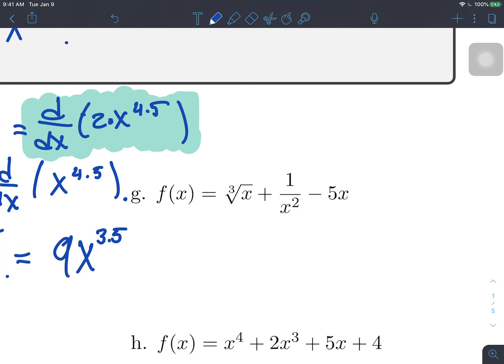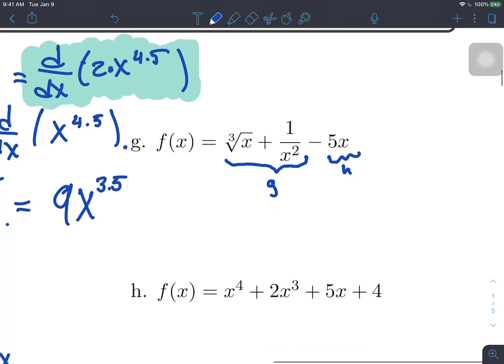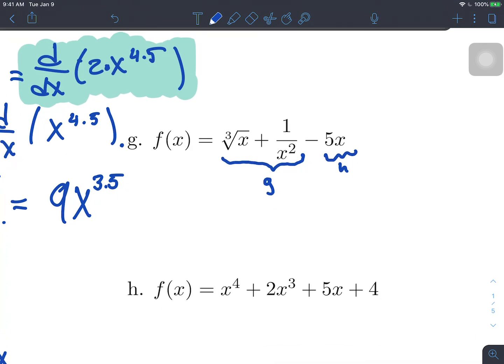First, we consider f of x as the difference between two functions. This function we'll call g, and we'll subtract from that the function h. So the derivative of a difference of functions would just be the derivative of g minus the derivative of h.